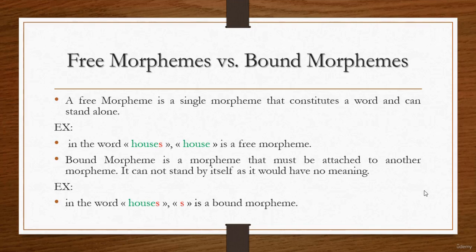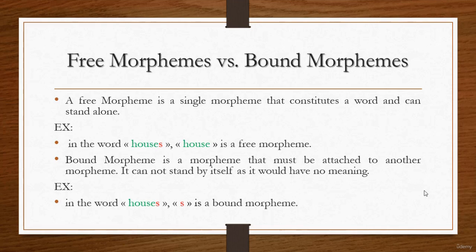In green on the board, you can see house and houses. House is the free morpheme in the word houses, and houses contains two morphemes. The first one is house, and the s of the plural is the second morpheme. So the free morpheme here is house.